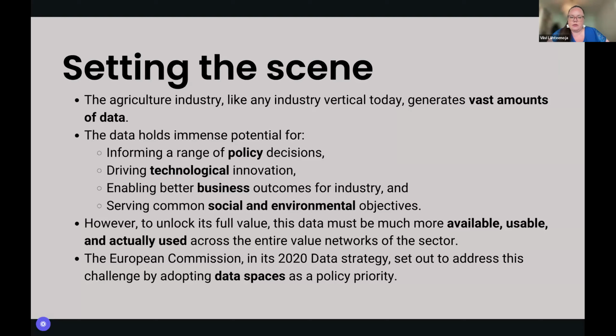So the 2022 data strategy, which described the Commission's ambitions for the period of 2020 to 2025, really picked up this idea of data spaces as a policy priority. And right now, the new Commission is developing, as Ed mentioned as well, the data union strategy, which will continue the development and deployment of data spaces in Europe.